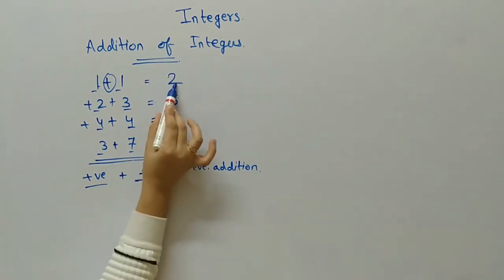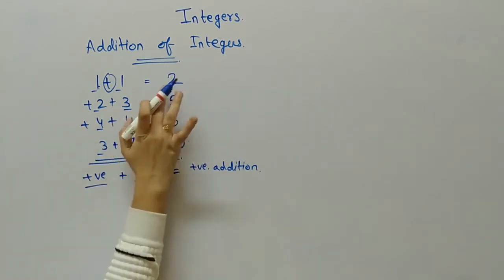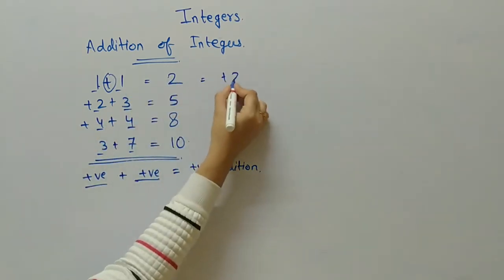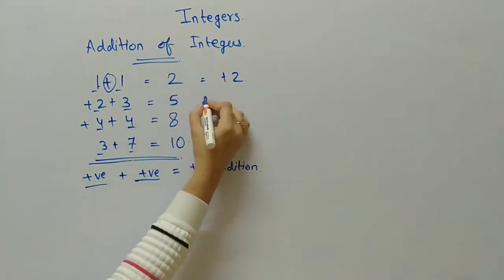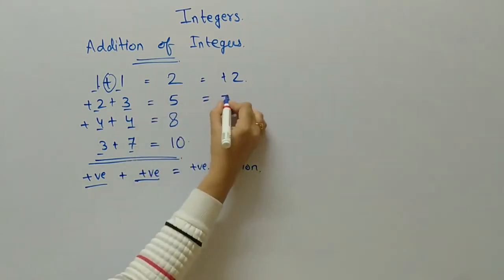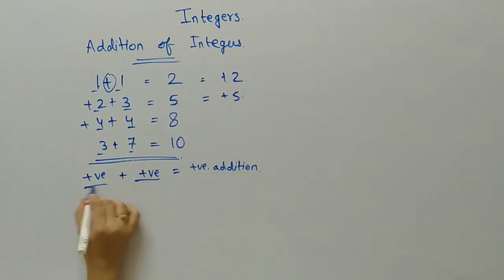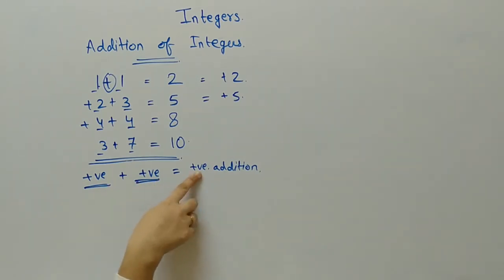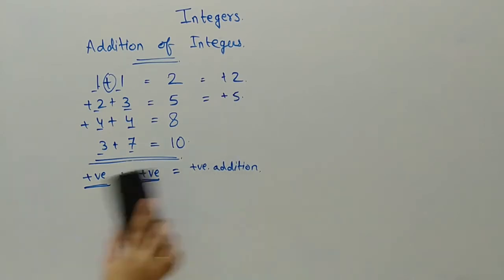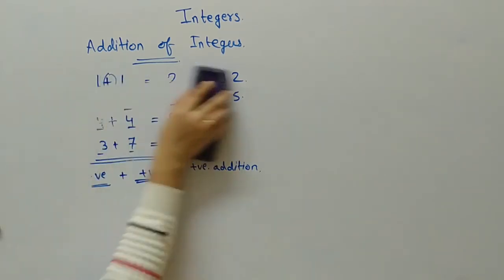When there is no sign in front of 2, it means it is plus 2. When there is no sign in front of 5, it means it is plus 5. So positive integer plus positive integer is equal to positive integer, and we will do normal addition.